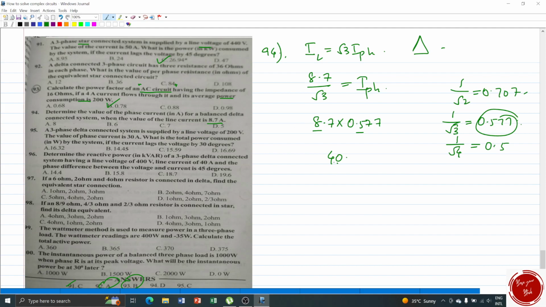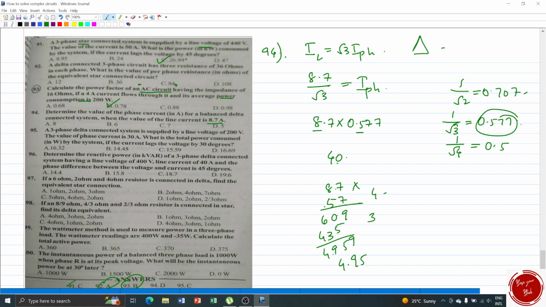Let us just multiply and see. 8.7 into 0.577: 7 sevens are 49, 8 sevens are 56, and so on.